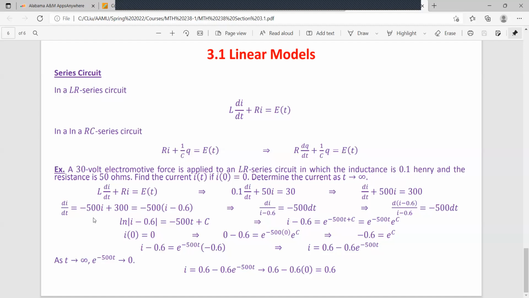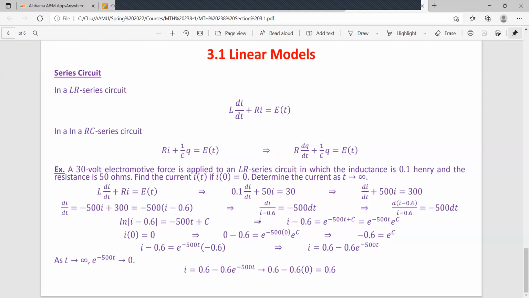And then you just factor out negative 500 on the right side to rewrite the equation as di/dt equals negative 500 times (I minus 0.6). Once again, you can easily double check the right-hand side by distributing the negative 500, and you should get the original equation. Okay.